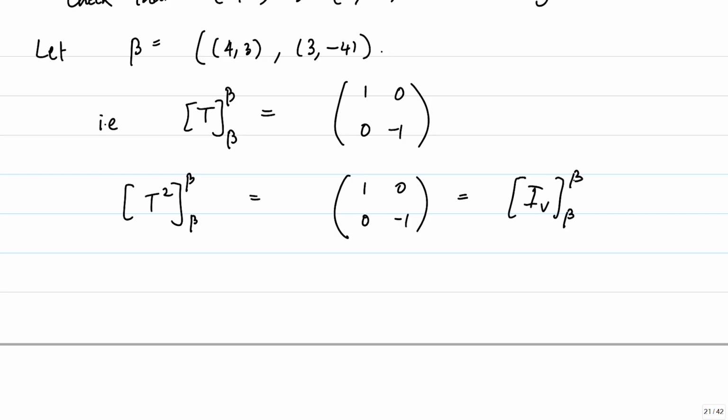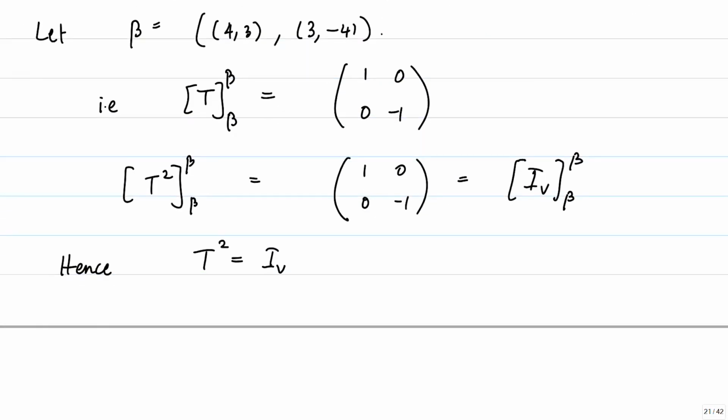Hence, the linear transformation T multiplied with itself gives you back the identity. So, it is an inverse of itself, that is what we have just proved. So, if we can get hold of a basis of eigenvectors, then it is quite useful, as you can notice. We can say a lot more than what meets the eye directly.